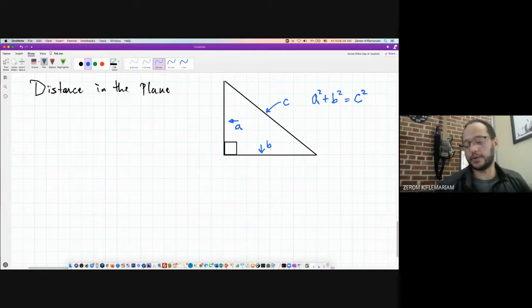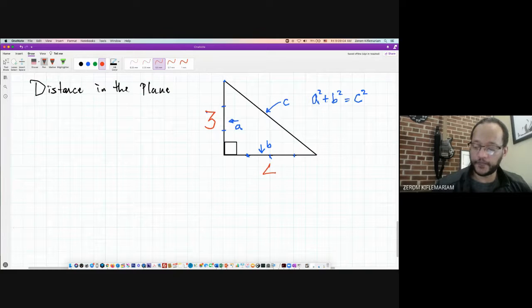So based on that, we should always be able to solve for the distance of each unknown side. As an example, if A is 3, 1, 2, 3, and the distance on the horizontal is 1, 2, 3, 4, so this is 4, how do we find our answer?